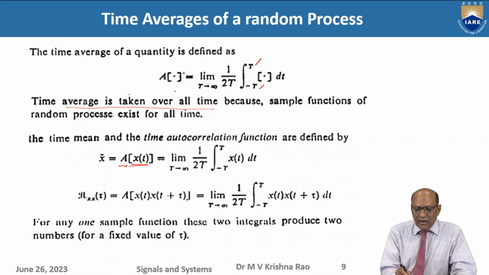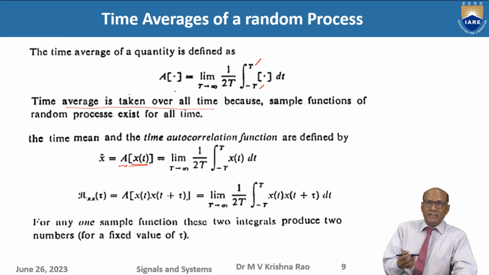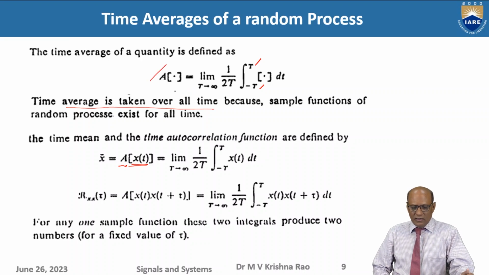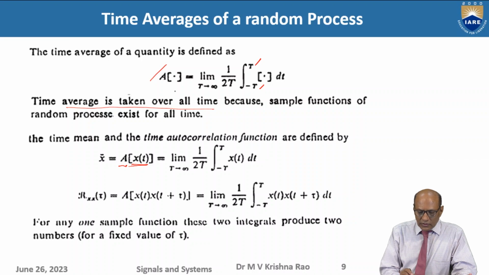So this is the time average of a quantity, whatever quantity, it may be voltage or current, voltage noise or current noise, whatever it may be, it is a random signal. That's why A is used for the time average. Now x bar is the A of x of t, that is what we said.